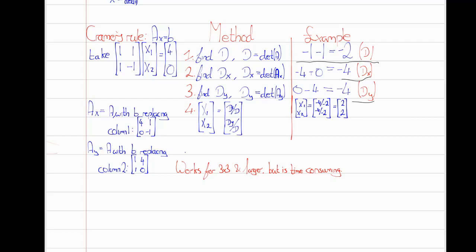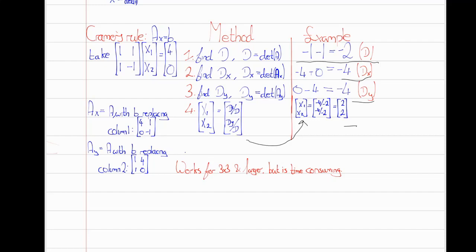The vector x1, x2 is going to be given by D sub X divided by D, and D sub Y divided by D. That gives us minus 4 divided by minus 2 for x, and minus 4 divided by minus 2 for y. So we're going to get the matrix 2, 2.